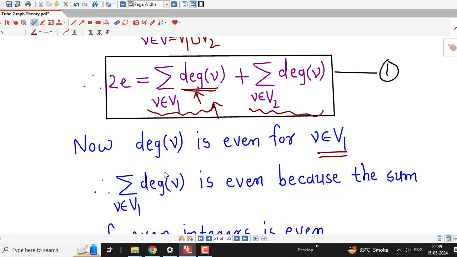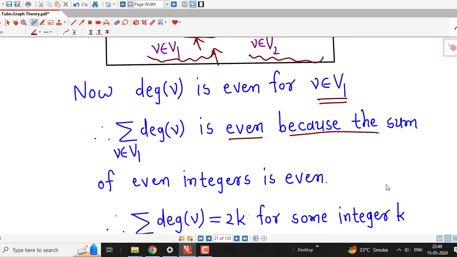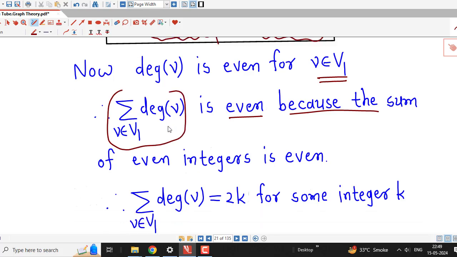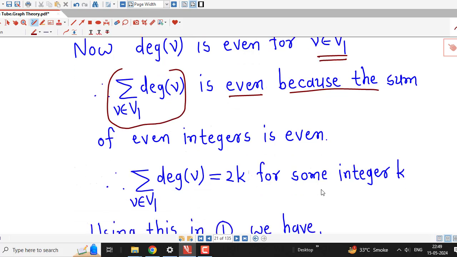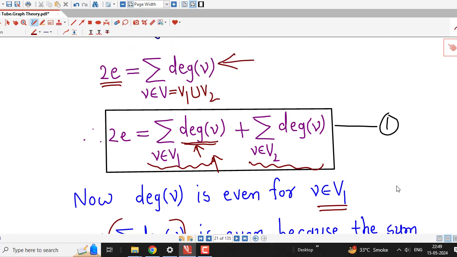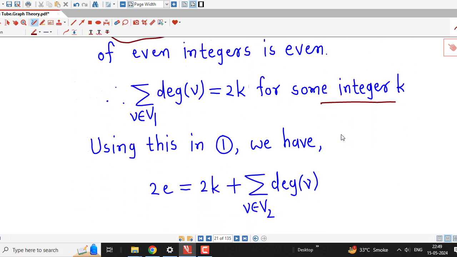Therefore sigma degree of V, where V belongs to V1, is even because the sum of even integers is even. Therefore, this turns out to be 2 times k for some integer k, and we put this value here. We replace this by 2 times k in number 1. So therefore 1 becomes 2 times e equal to 2 times k plus sigma degree of V, where V belongs to V2.